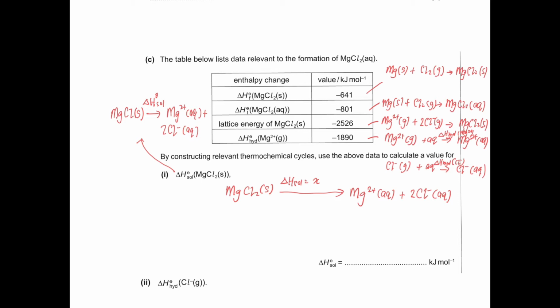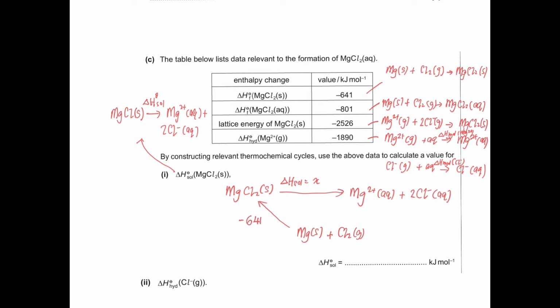That means I'm going to use the enthalpy change of formation to build up the thermodynamic cycle. So magnesium solid plus chlorine gas are forming magnesium chloride solid, and the value involved is minus 641.